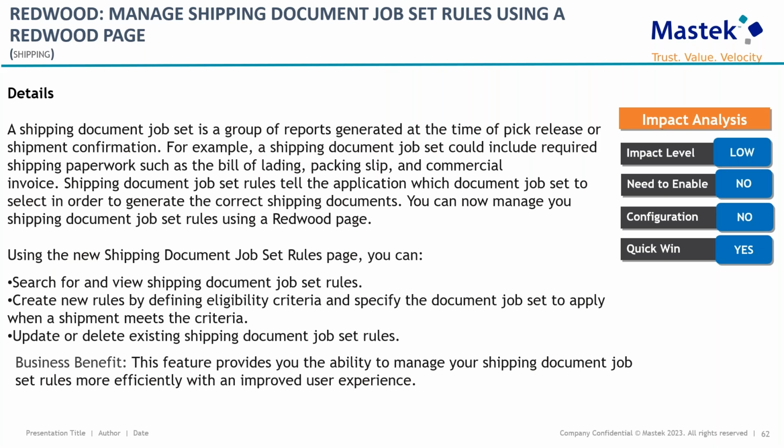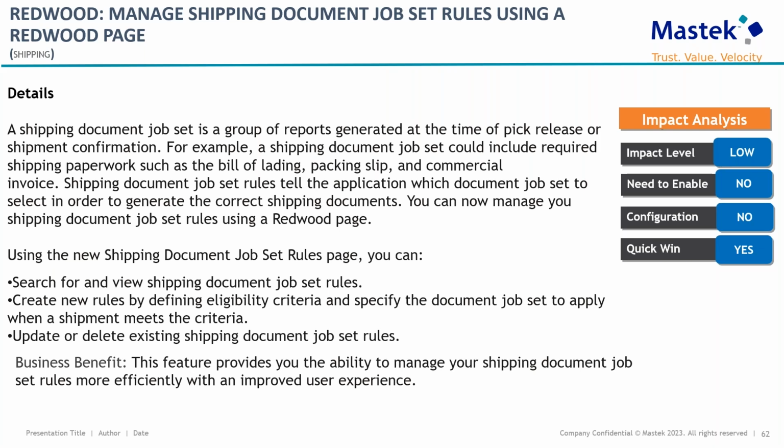Managing which shipment documents get generated during pick release or shipment confirmation has become a lot more flexible now. With the new Redwood page, you can now define and maintain rules that determine which set of documents, like packing slips or commercial invoices, should be printed based on specific conditions.